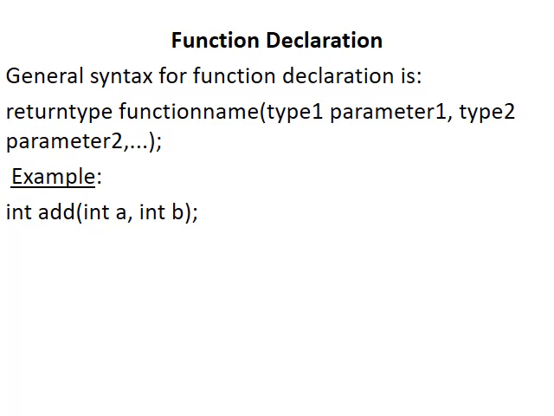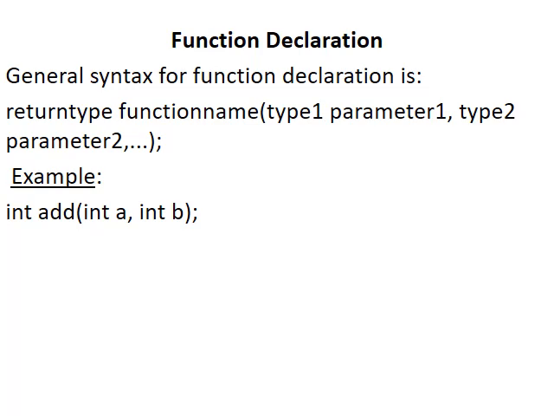Now we'll see the elements of the user defined function. First element is the function declaration. Function declaration means specifying that we are going to use such a function, what input it takes, and what is the form of output it sends. That's what we include in the function declaration.